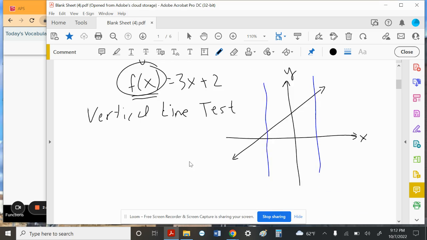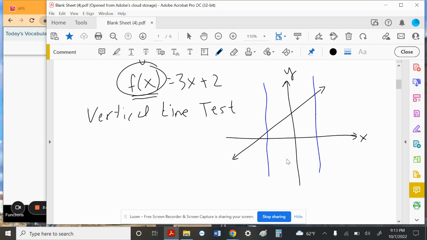Okay, and then one more that I want to throw in is this thing called the vertical line test. The vertical line test is a means to check if the equation is a function. So here's my line, my equation, and here are the axes. Here's my x-axis and my y-axis.